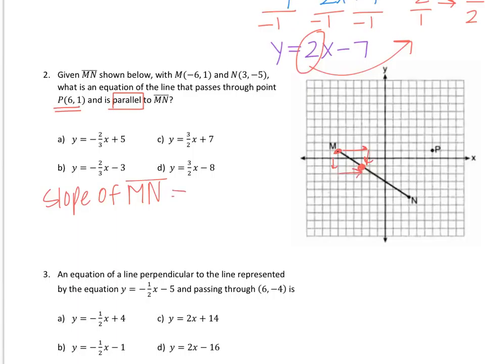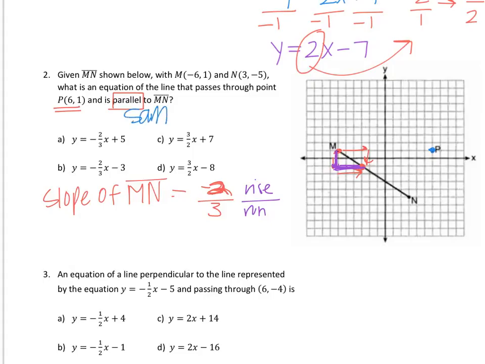So we're going down 2 and over 3, right? Let me reiterate that. Down 2 over 3. We just made this nice little triangle, rise over run. So now what we do is we take the point P and we do the same exact slope because it says parallel.